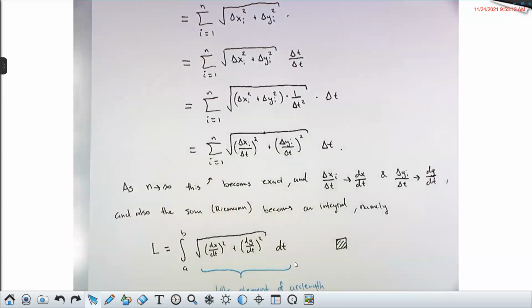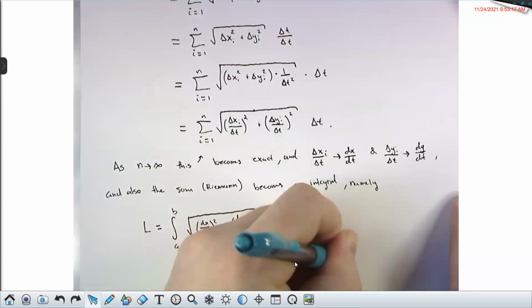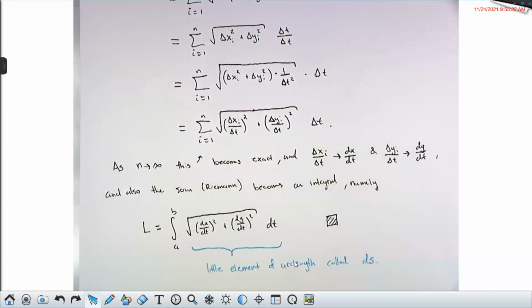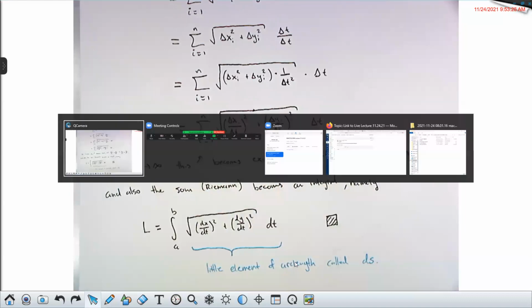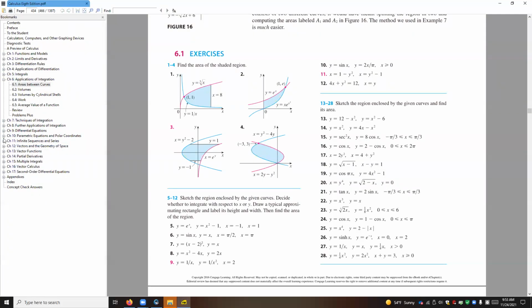It's a little differential element of arc length. Yes, the classical symbol for arc length is a lowercase s. Your textbook, for reasons I don't understand, chooses to use the symbol L for arc length. I think it's a bad choice, but I can't tell them not to.